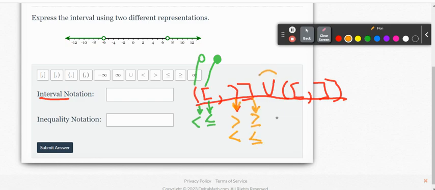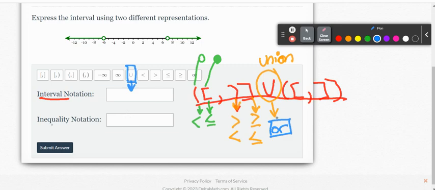Okay, now this U, the U stands for union, and a union is rewritable as an or. Now, what you're going to find, and a lot of people made mistakes before, is that when you're in interval notation, you always use the union symbol here if you're needing two sets.